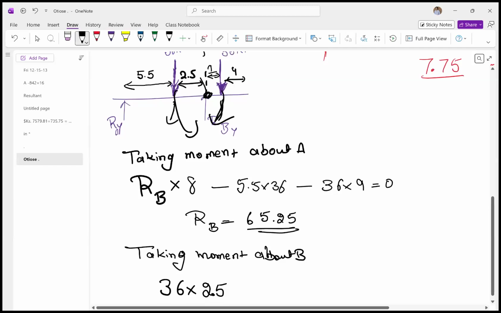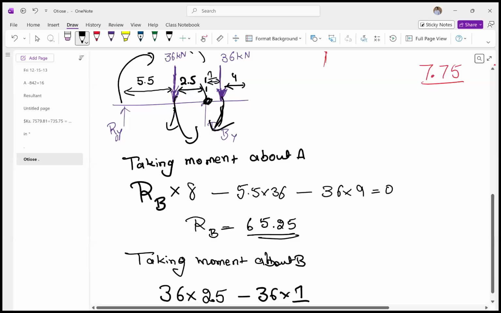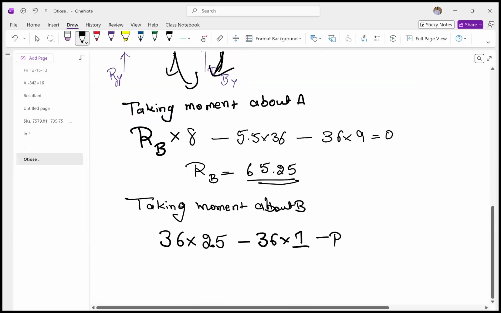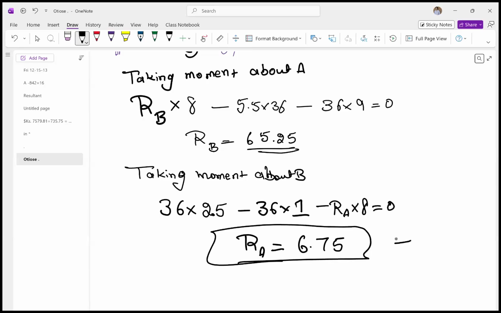So minus 36 times 1, and then RA is rotating in the clockwise direction. So RA is going like this. So minus RA times 8 equal to 0. So if you solve for RA, that's going to come out to be 6.75 from here. So that's how you're going to simplify these questions.